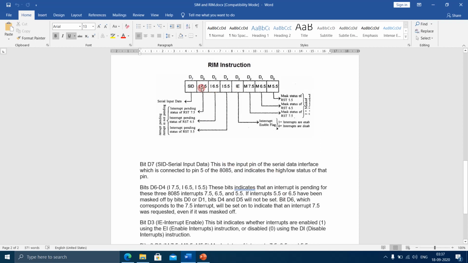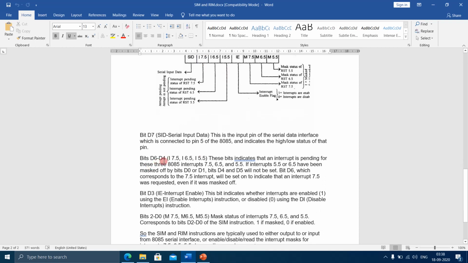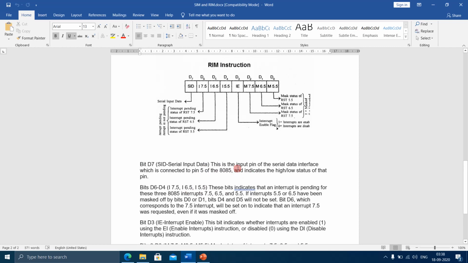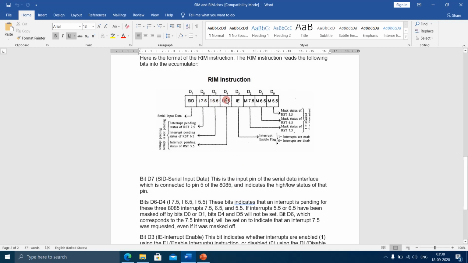Then we will talk about bits D6 to D4. These bits indicate that an interrupt is pending for these three 8085 interrupts: 7.5, 6.5 and 5.5. These bits indicate whether the interrupts are pending to be serviced by the microprocessor or not.